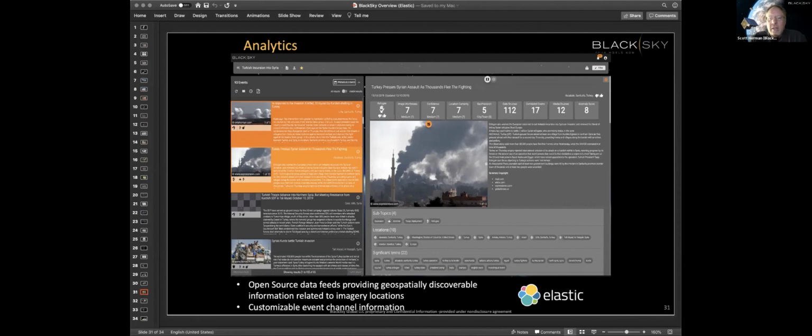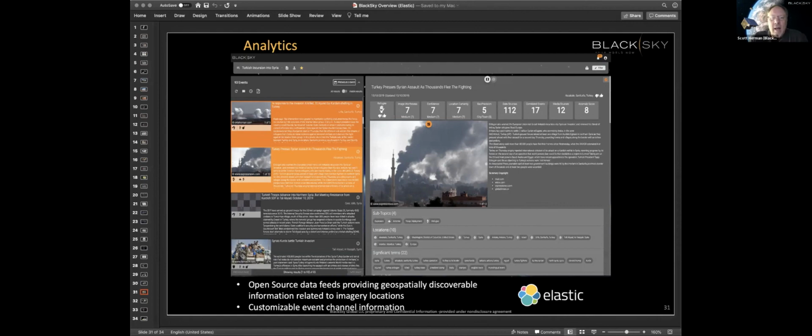You can see things like the number of data sources. 112 data sources are going into this particular event. And it's actually a super event built out of 17 lower level events across 12 different media sources. You also see the anomaly score of 8. That means it's pretty high. This is not something that happens every day. This is not a normal pattern of life.